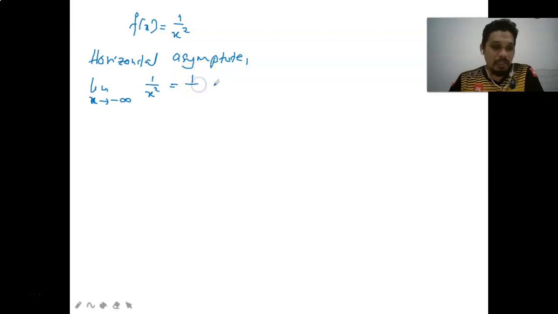So then it becomes 1 over infinity. So 1 over infinity is equal to 0.